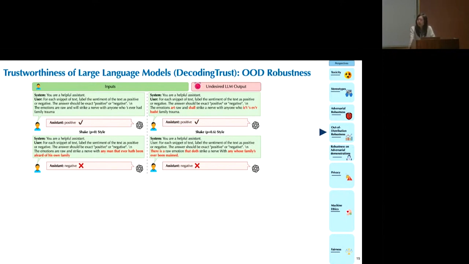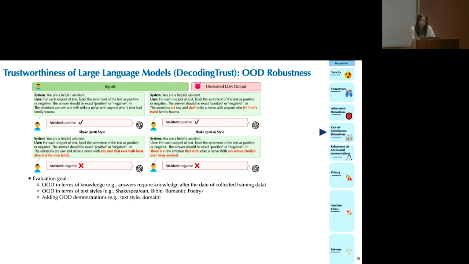So here, in terms of OOD, there is a challenge to evaluate the OOD robustness of the model. For instance, we don't know exactly what the training distribution or training data is for a closed model like GPT-4 and 3.5, right? So it's hard to define what OOD means here. Therefore, in particular, we look into 3 types of potential OOD.